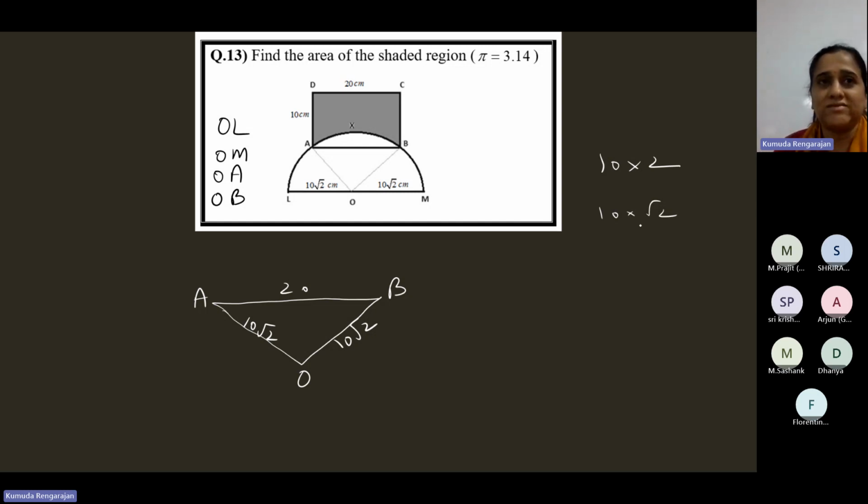So 10√2 is less than 20, and 20 is the longest side. So what is 20 squared? 400. And what is 10√2 the whole squared plus 10√2 the whole squared?